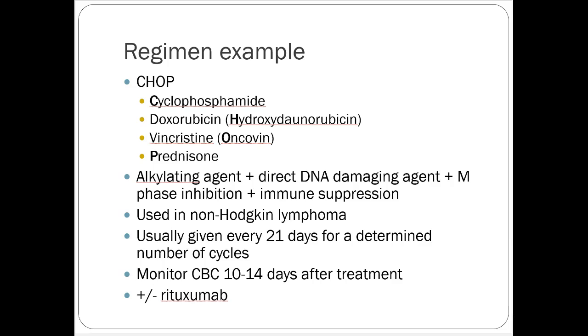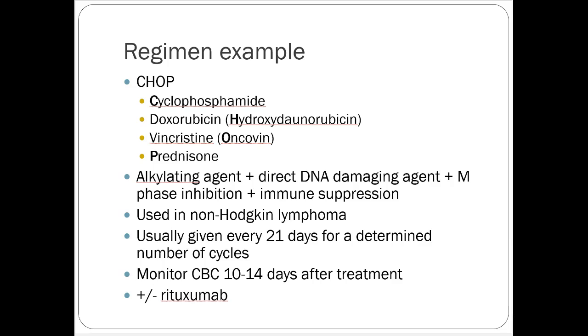Prednisone is a corticosteroid that's a broad spectrum immune suppressant. We'll talk about steroids in a couple lectures here. A lot of these regimens have acronyms like this, and they're kind of weird as far as how they decide where the letters come from, but they like to make them sound catchy. CHOP is pretty catchy, I guess, as opposed to saying something like CDVP. No one would remember that.